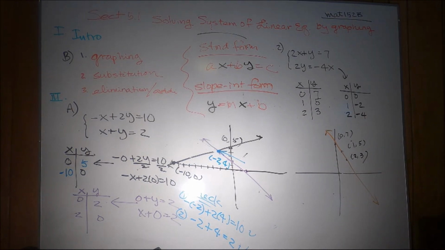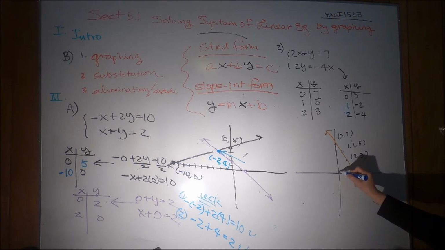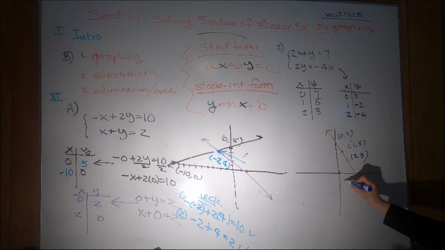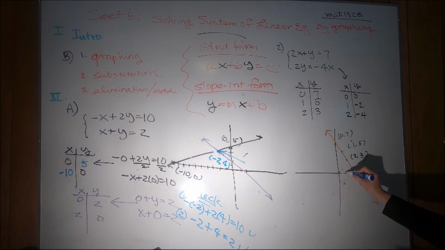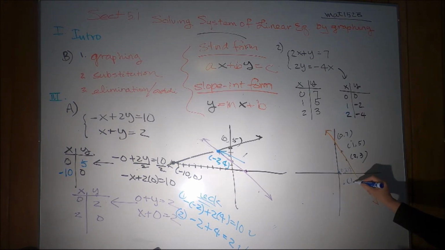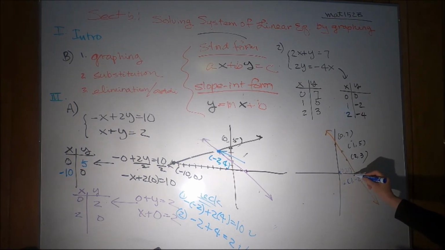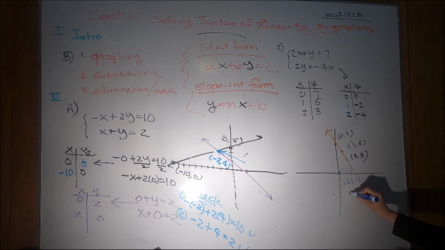So the line will look like, okay, 0, 0, 1, negative 2, 2, negative 4.